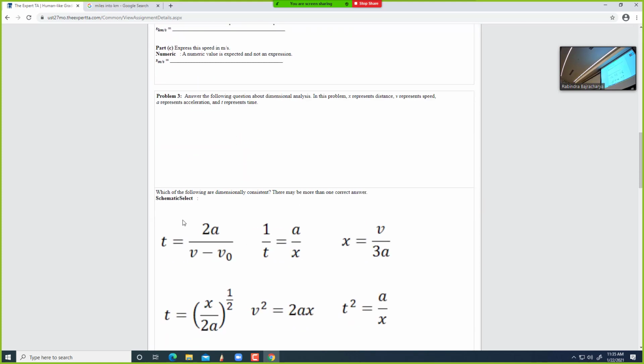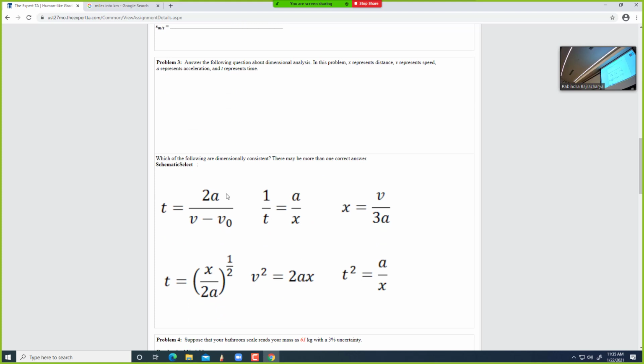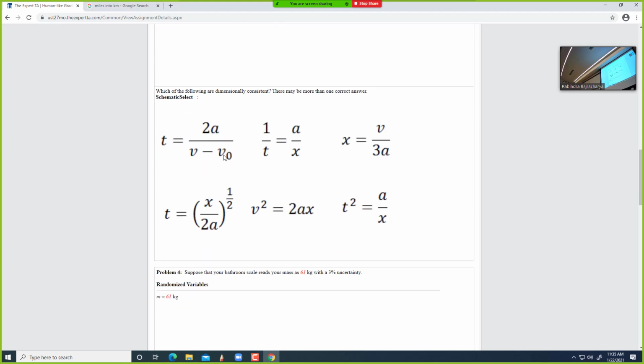And then this one is the dimensional analysis. So you need to figure out which of these are consistent dimensionally. Just like I showed before. For example, let's see if this one is dimensionally consistent or not. So v squared is 2ax. So let's look at that.